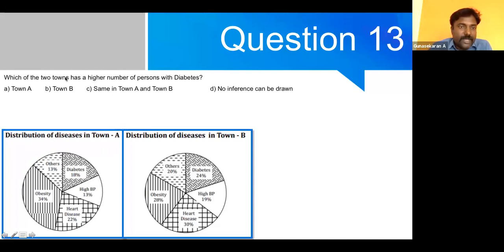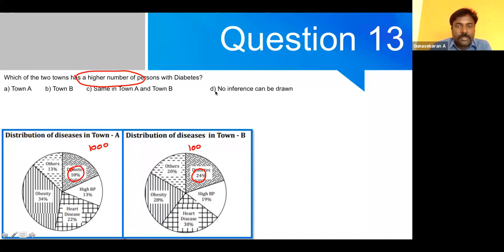If they're asking about value while giving percentage, without knowing the value, we can't say. Even though town B has a higher diabetes percentage, only if you know the population can you say. Here there may be 1,000 population, here may be 100 population, then you'll get a different value.